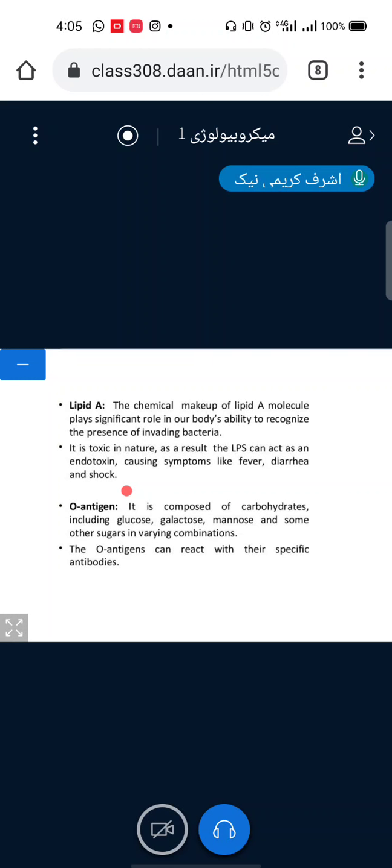Some infectious diseases related to gram-negative bacteria have symptoms like fever. Yes, most gram-negative bacteria causing infectious disease cause fever, and sometimes diarrhea and shock.